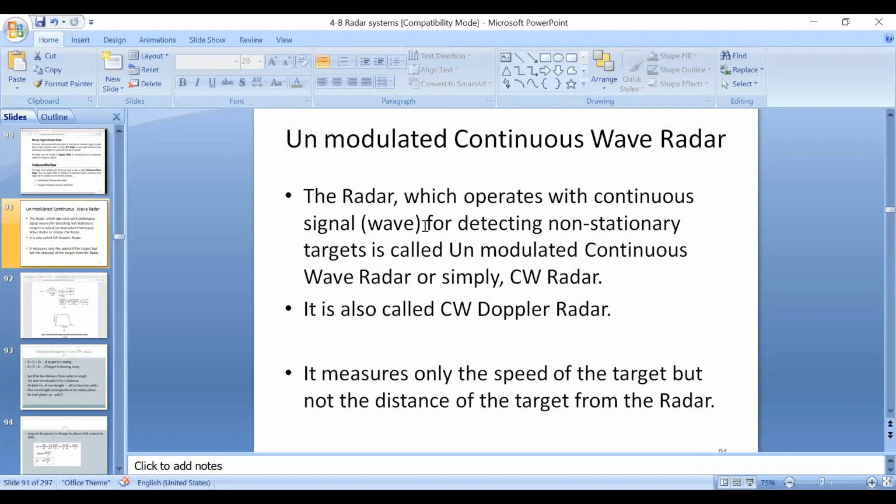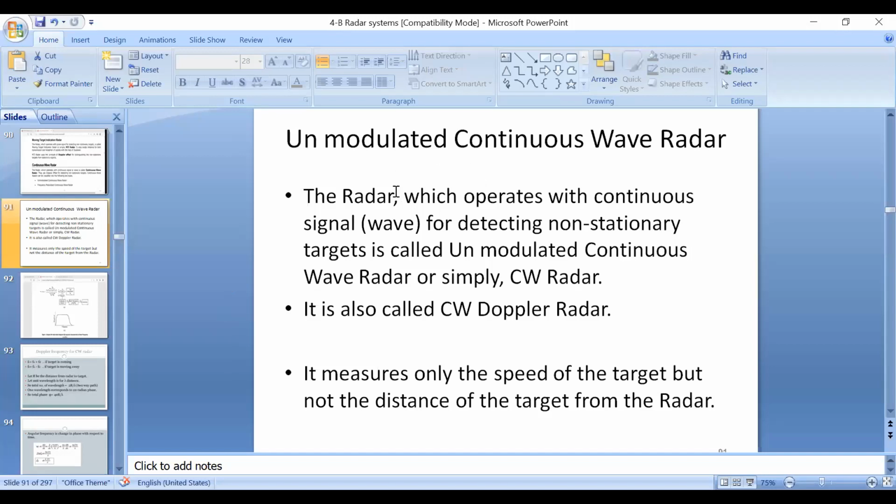The radar for detecting non-stationary targets is called an unmodulated continuous wave radar, or simply CW radar. It is also called CW Doppler radar.